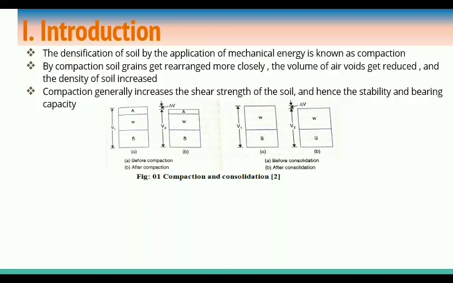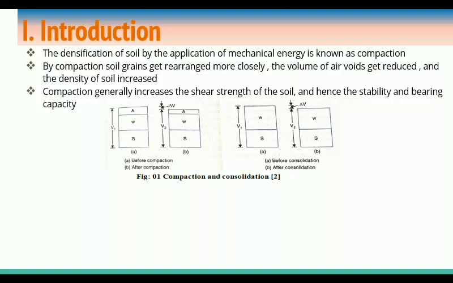We already discussed the volume of solid particles. We take it as a constant, it will not change by any operation. So the total volume of soil is decreased by the decrease in volume of air. But in the case of consolidation, the soil is fully saturated and a two-phase system is shown: water and solid particles.